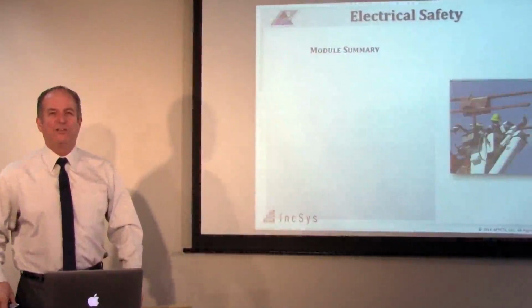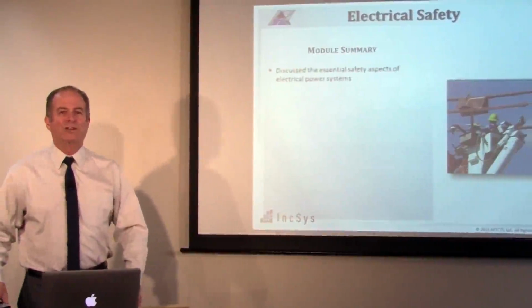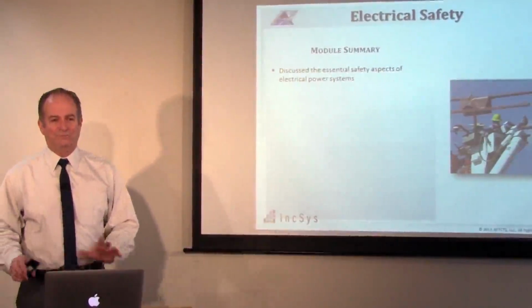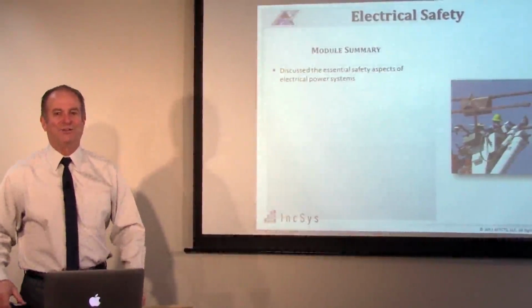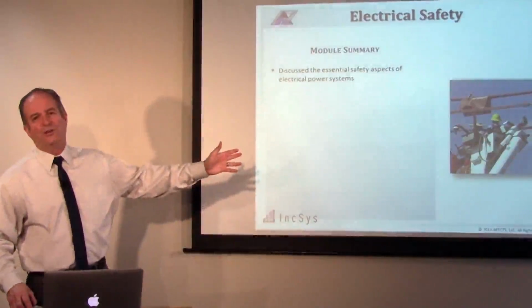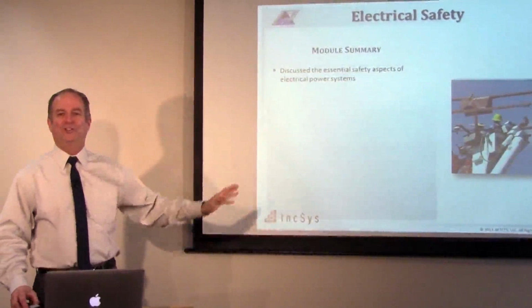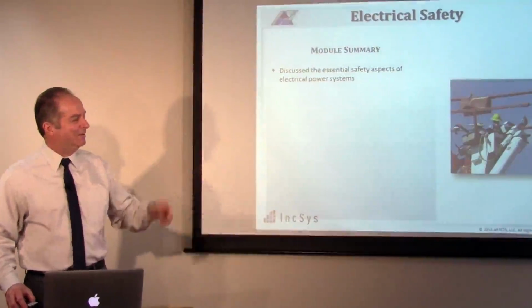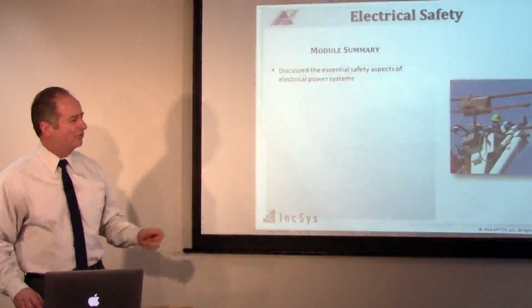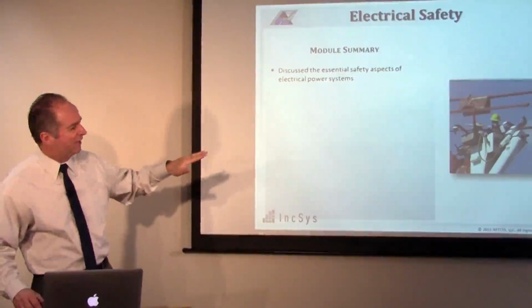To summarize this module on electrical safety, we talked about the essential safety aspects of electric power systems. We covered, at a high level, the different types of safety issues. I do want to point out that this picture is using the rubber goods, all the insulating materials. That line is operating energized. It's a distribution line. They've got the blankets, and they call that hose, covering up the conductors.